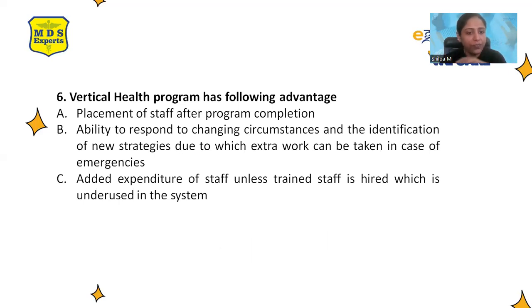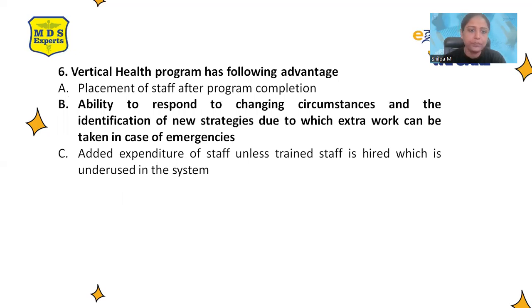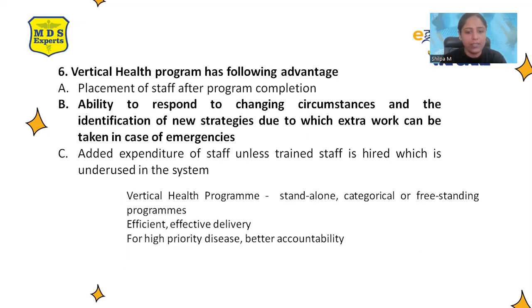So the choice which makes most sense, the advantage of a vertical health program, is choice B. Ability to respond to changing circumstances and the identification of new strategies due to which extra work can be taken in case of emergencies. So vertical health programs are standalone, categorical or freestanding programs for efficient and effective delivery of high priority diseases.